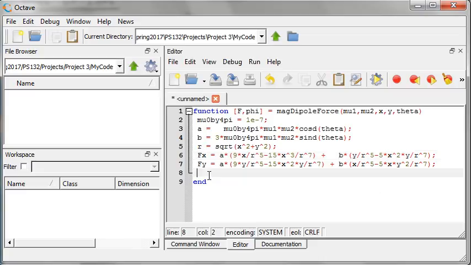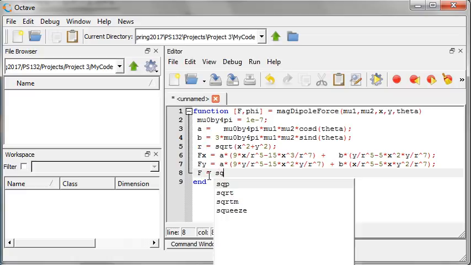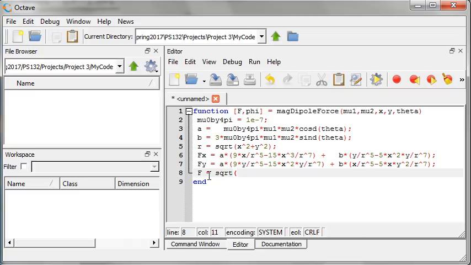And then f magnitude, what we're looking for, is equal to the square root of fx to the power of 2 plus fy to the power of 2.